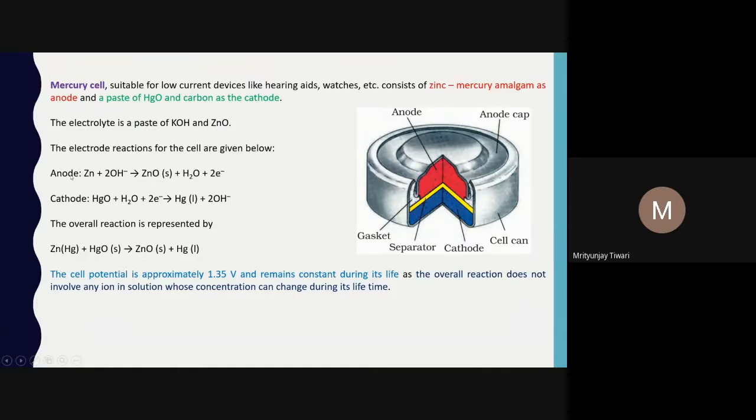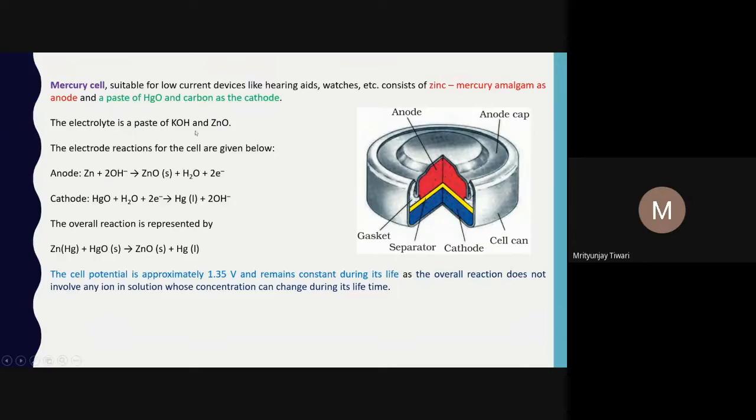Here again at the anode, zinc will be oxidized even in the mercury cell, which uses zinc mercury amalgam as anode. So zinc will be oxidized to form zinc oxide. The OH minus comes from the electrolyte, the KOH.